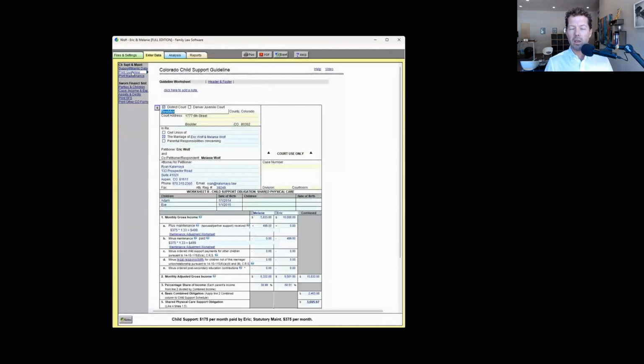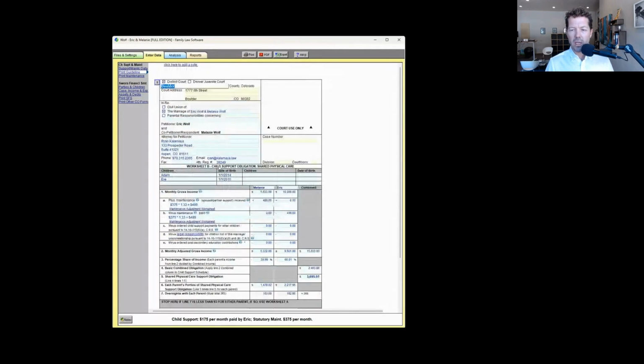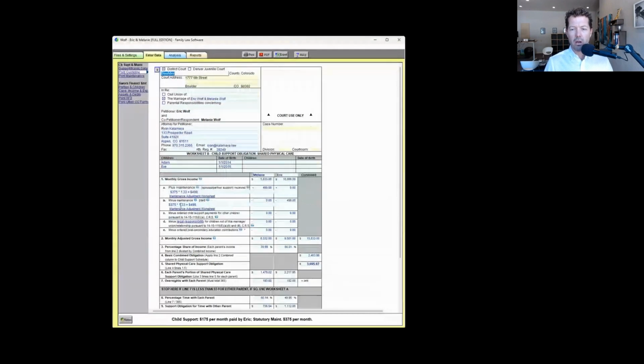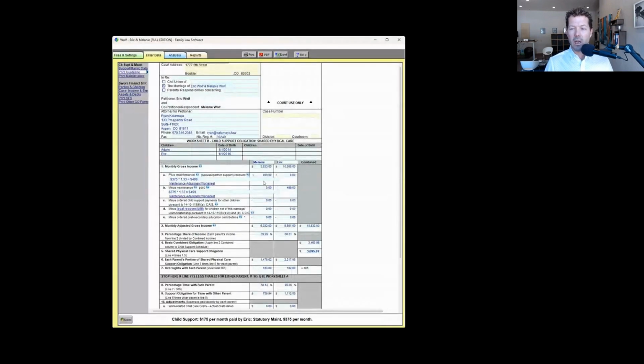Now that matters because if we go to the child support worksheet, you will see that this is a worksheet B. It has shared physical care and it has Melanie's income at a monthly breakdown based on her $70,000 per year, and Eric is at $10,000 per month, which multiplied by 12 is obviously 120,000. Listeners, you can understand that we have $375 of maintenance, and that is included. It's an addition to Melanie's income, and it is a subtraction to Eric's income.